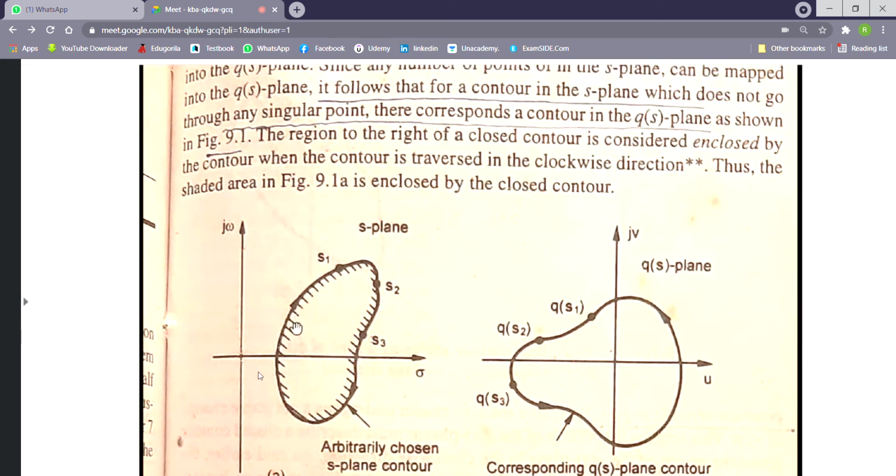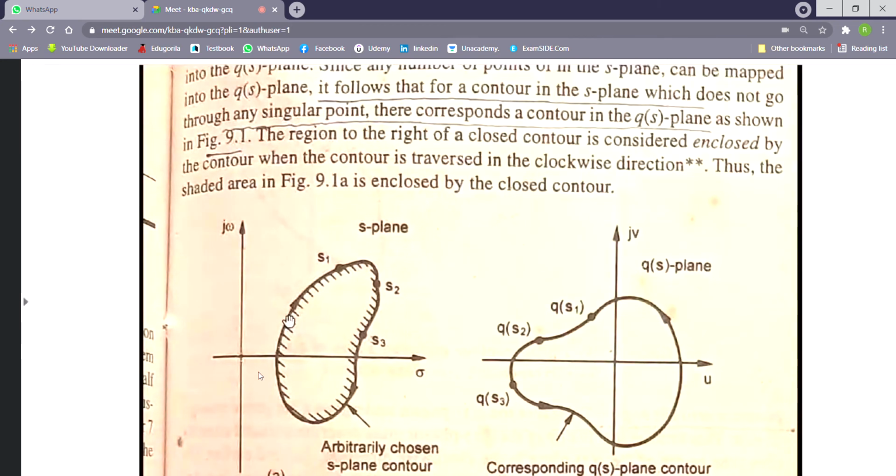Now look at this S-plane contour. If we traverse this contour in the clockwise direction, look at this arrow direction, and in the process identify the area lying to the right of the contour. Just follow the cursor.